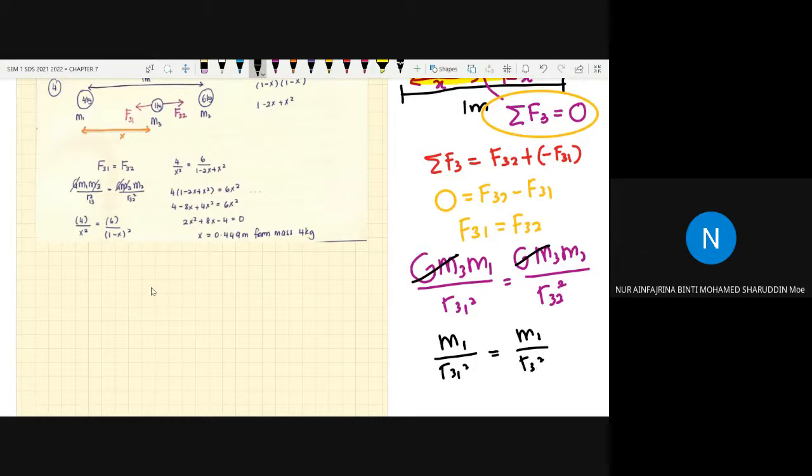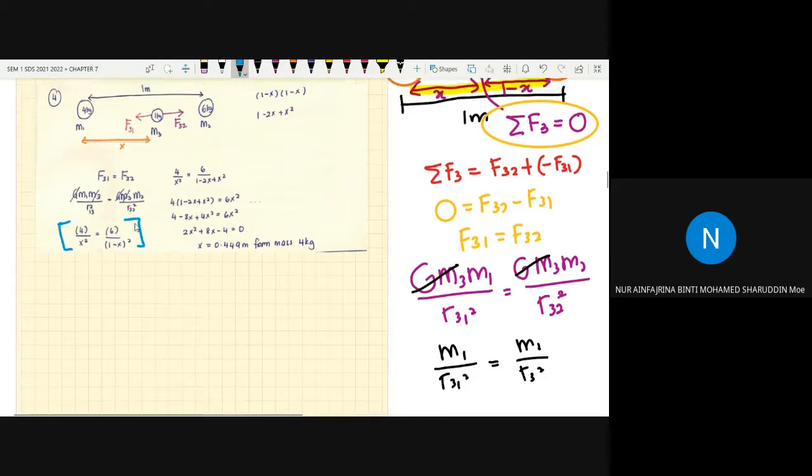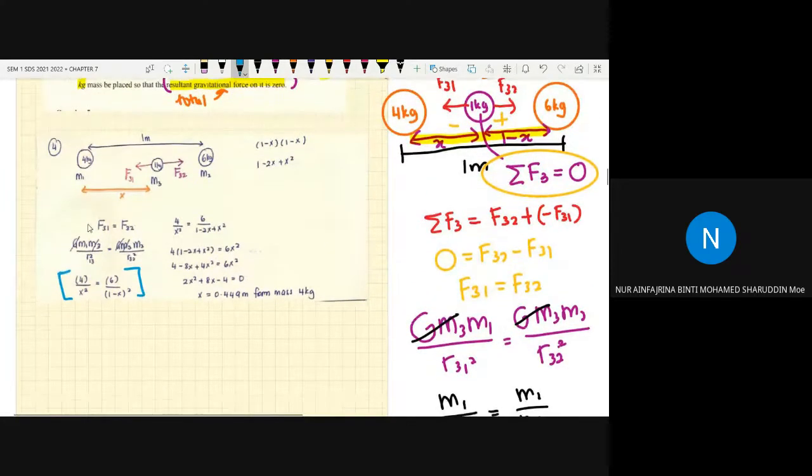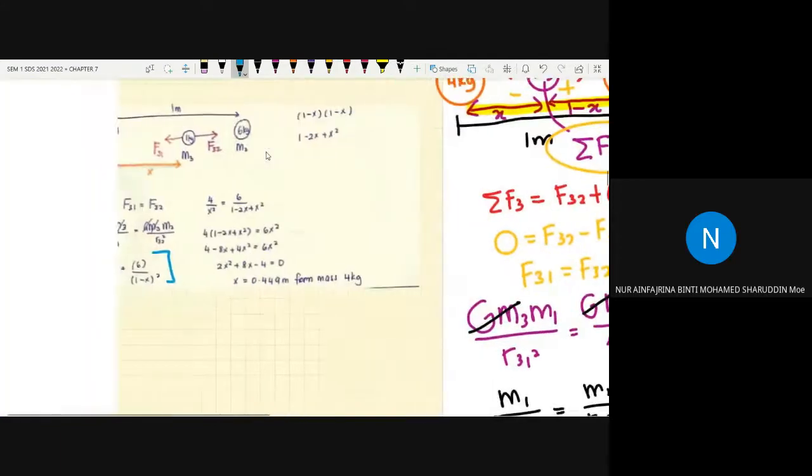So kita dah tahu dah. Okay, Miss sambung dekat sini ya guys, sebab Miss tak nak tulis. So kita dah tahu mass 1 dia dah bagi tahu.